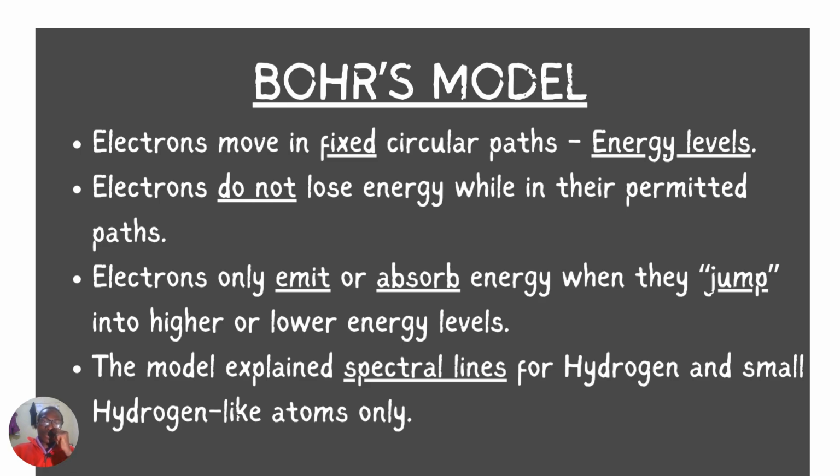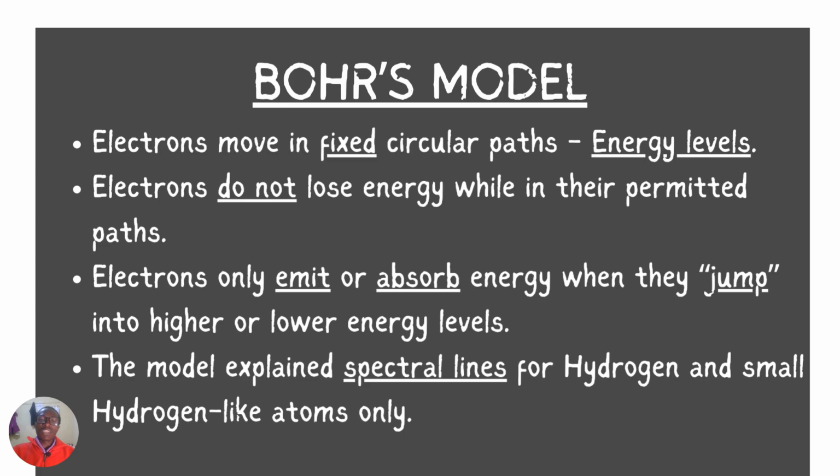So they would maintain their energy, and that would prevent them from spiraling towards the nucleus. The only time electrons emit or absorb energy is when they jump from one level to another.